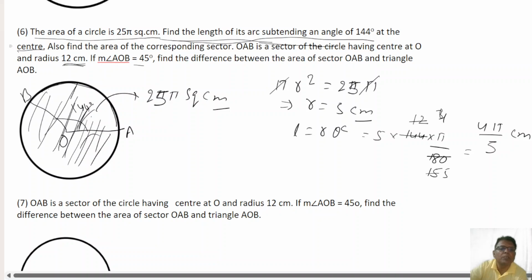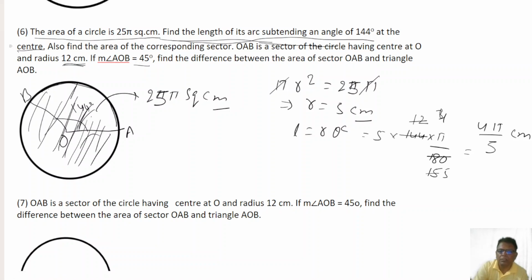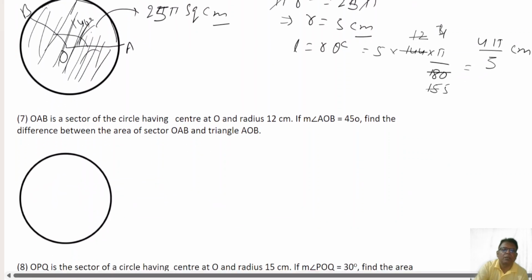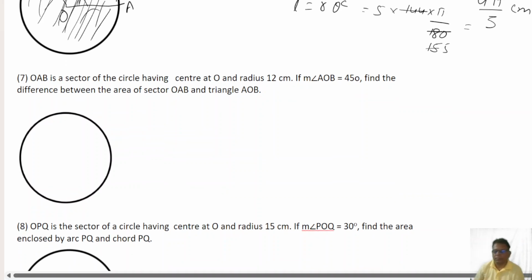If the angle AOB is 45 degrees, find the difference between the... Actually it's question number 7, which is repeated two times. The first question is already solved, that is 4 pi by 5. So now come to question number 7.